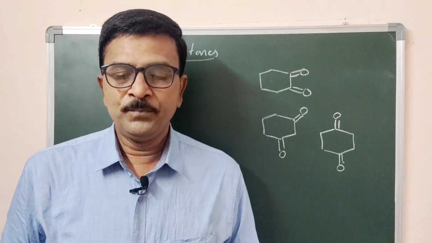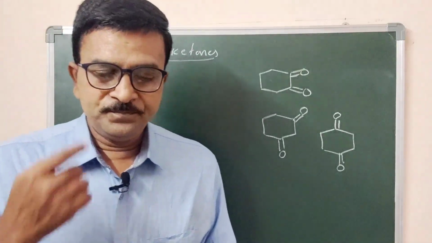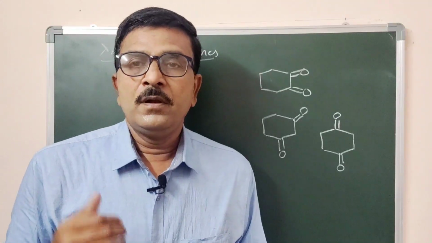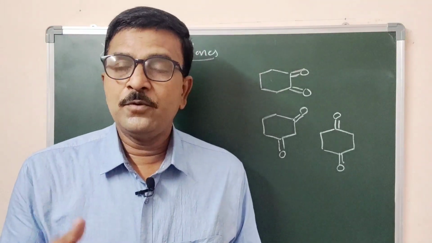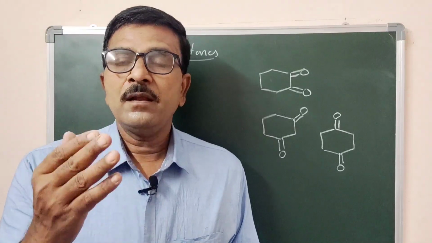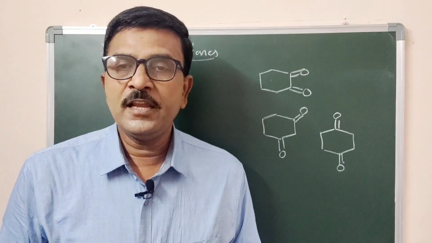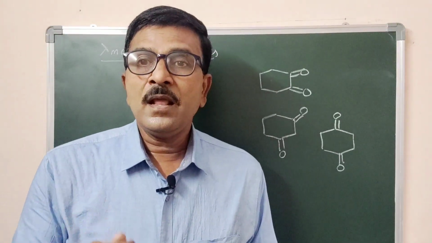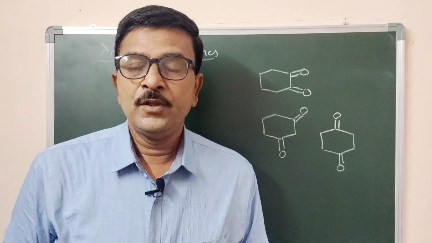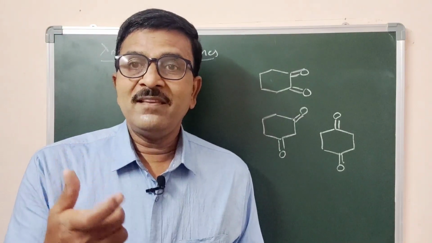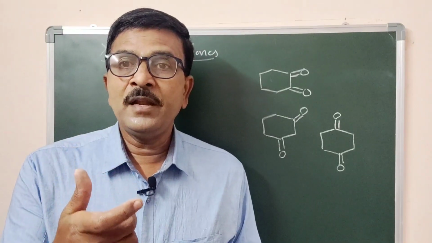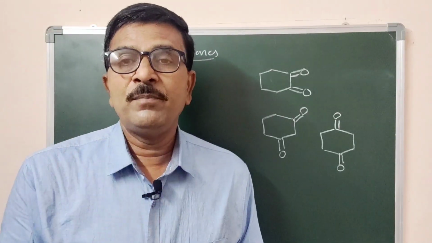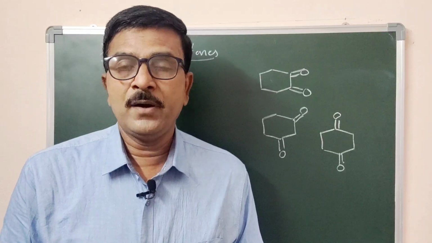Now coming to the calculation. Now the absorption maxima of diketones are calculated in their enolic form. The diketone absorption maxima were calculated in their enolic form using basic value as well as the increment value for a substituent similar to that of alpha beta unsaturated carbonyl compound.